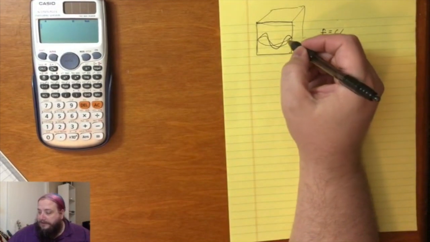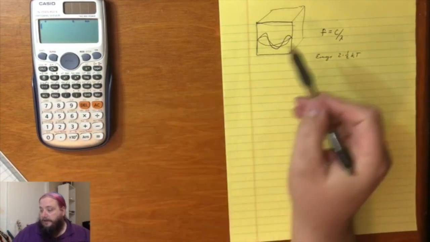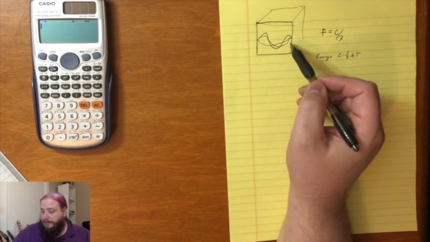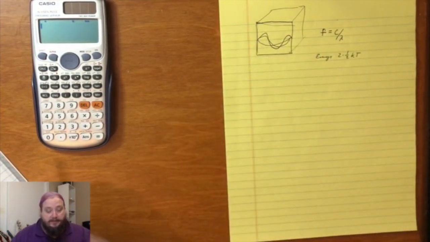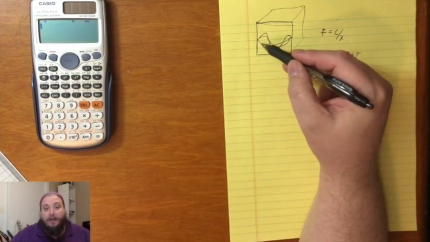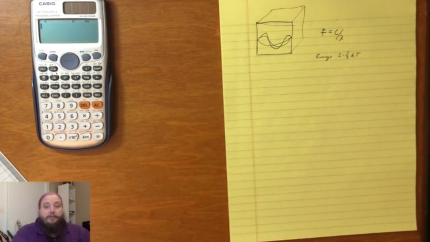And while there is a limit on the lower frequency, the longest wavelength that this box could allow and still have a standing wave where half the wavelength is the side of the box, there is no upper limit on how many waves in principle you could string across one side of the box.